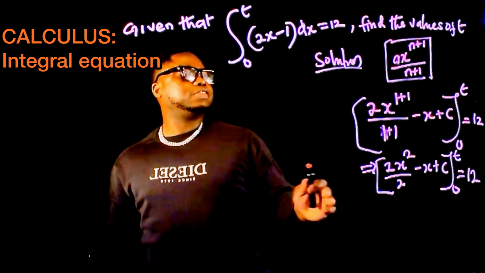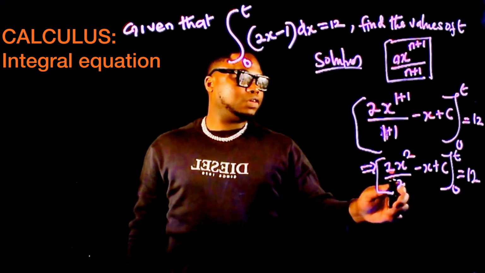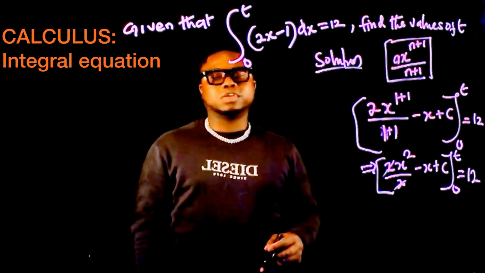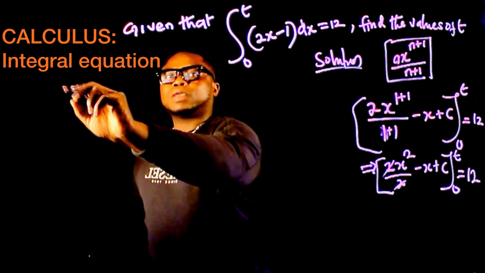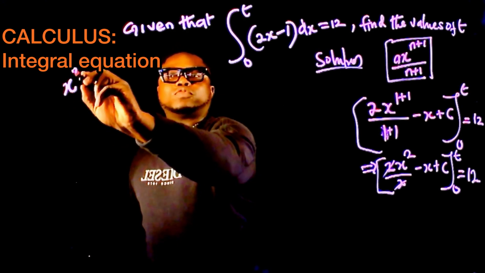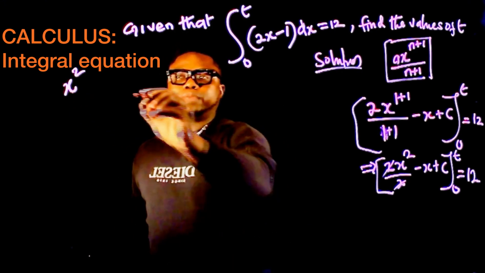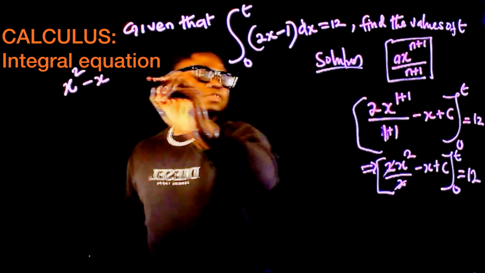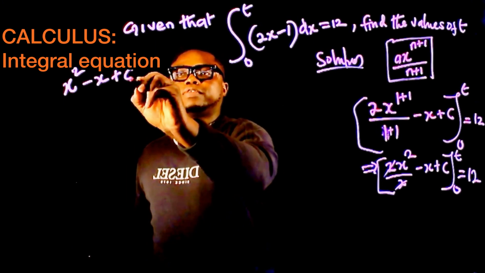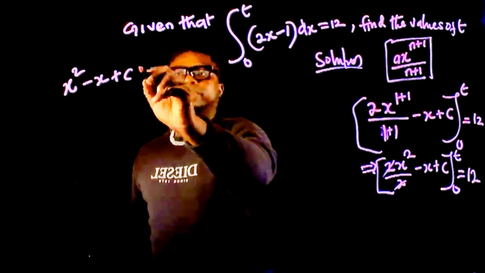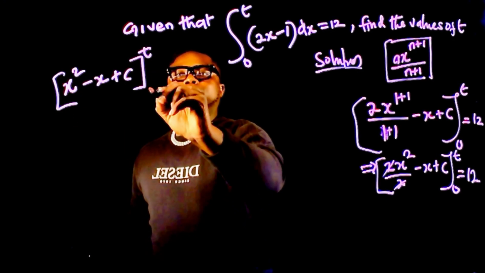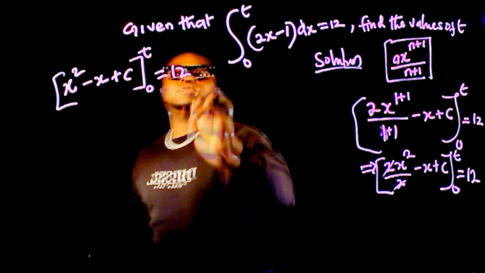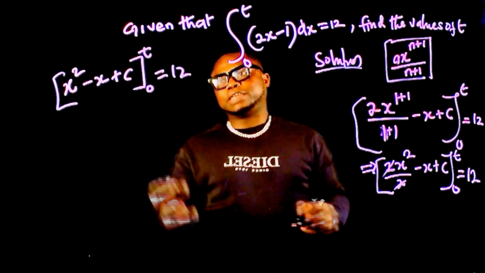Now, this 2 will cancel out this 2. I'll have x square minus x plus constant, then upper limit t, lower limit 0, is equal to 12.